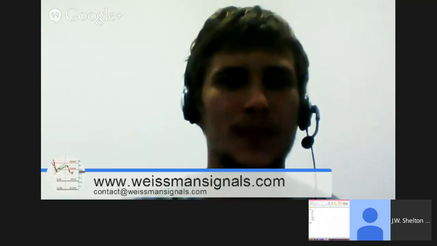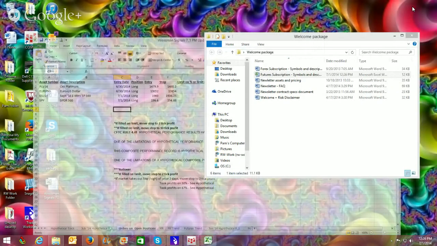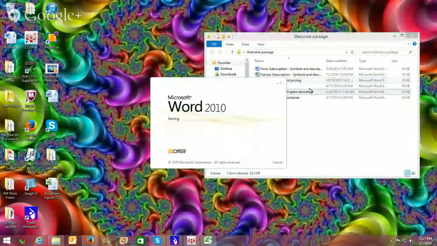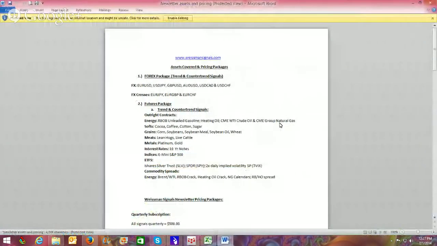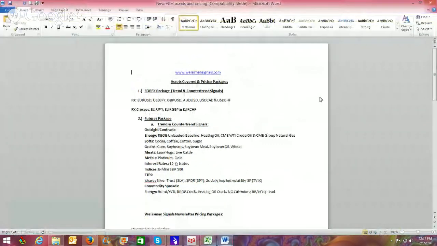Good. All right, so that was that. Let's move on to the assets and pricing. There's really not much to this one. It's basically just talking about the different packages. So if you're getting Forex only, you will be getting these symbols, and also it will include the metals.